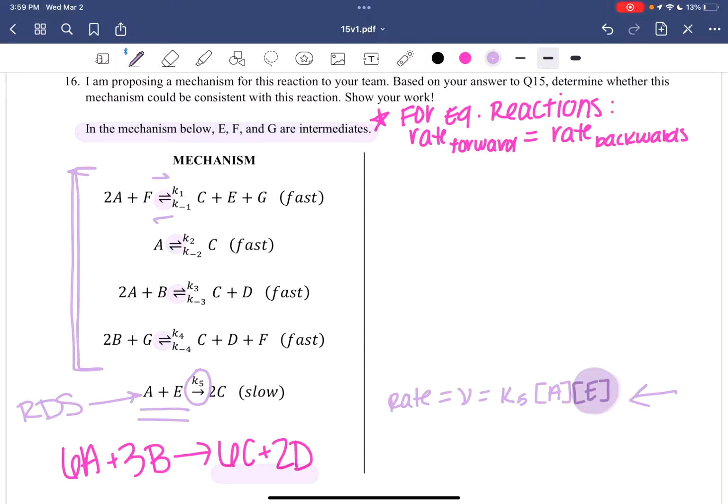In the forward reaction, we have reactants that are on the left, but if we have the backwards reaction, that means that C, E, and G are now our reactants.